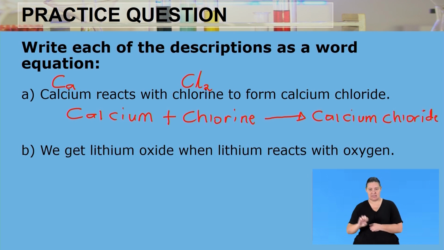Calcium chloride. Then we're also told that we get lithium oxide when lithium reacts with oxygen. So the lithium oxide is what is produced when lithium reacts with oxygen. So therefore, lithium oxide is the product. Then the reactants are the lithium and oxygen.